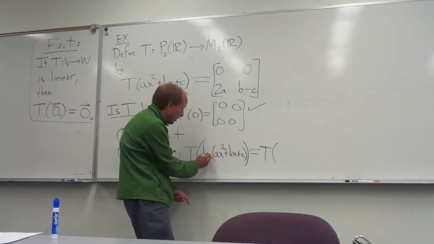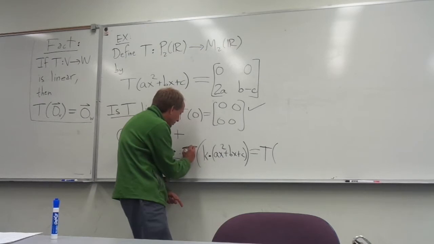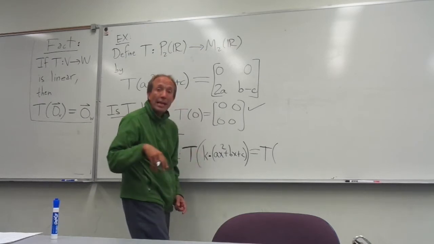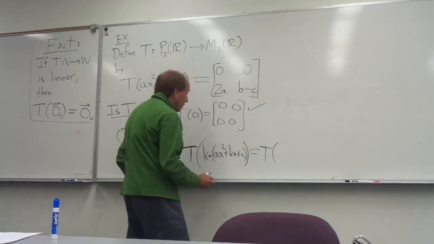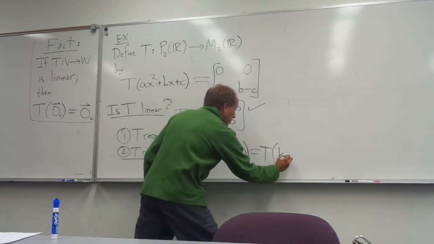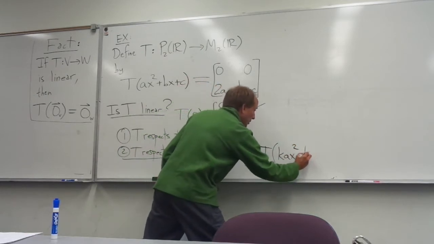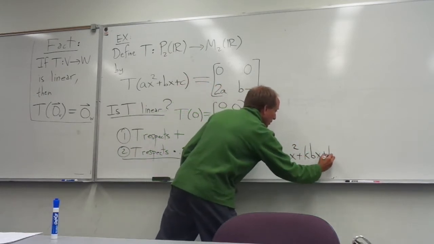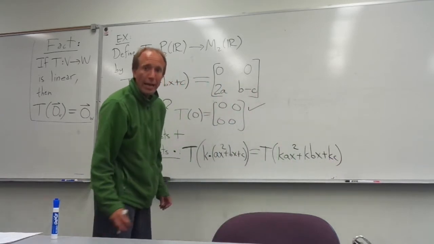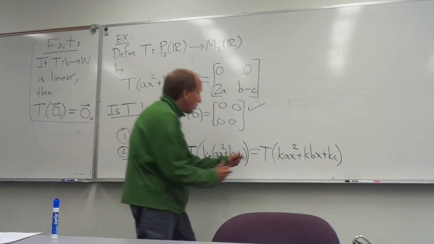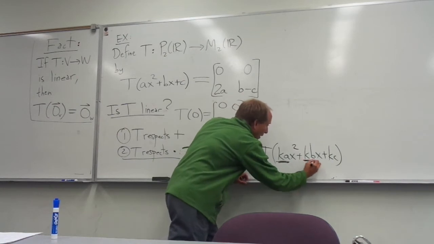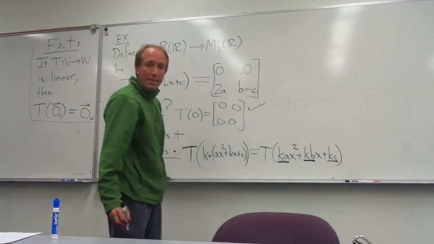The scalar multiplication comes first. This transformation happens second. The first part, though, is to just multiply this through. So ka x squared plus kbx plus kc. And now my coefficients here are ka, kb, and kc.